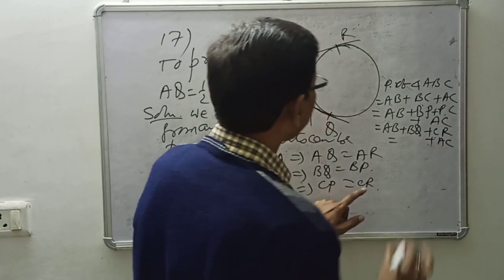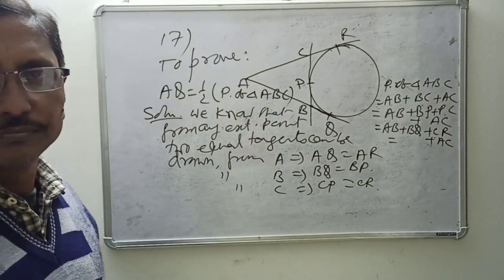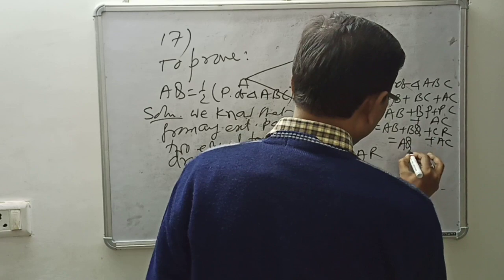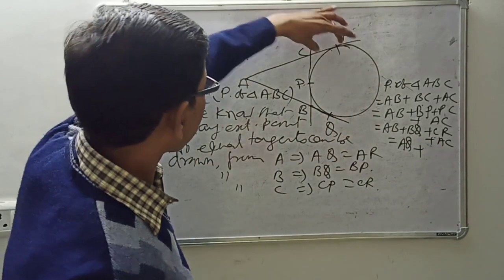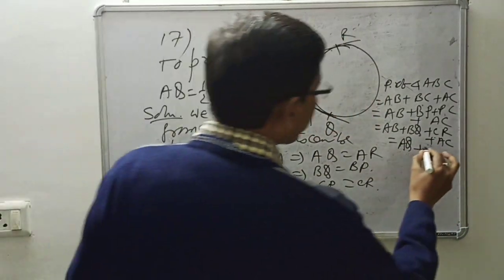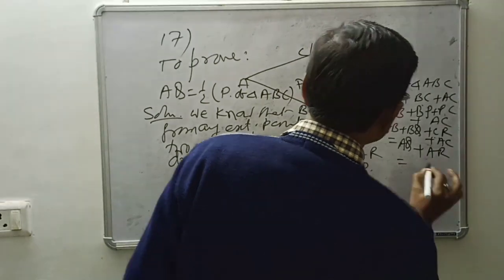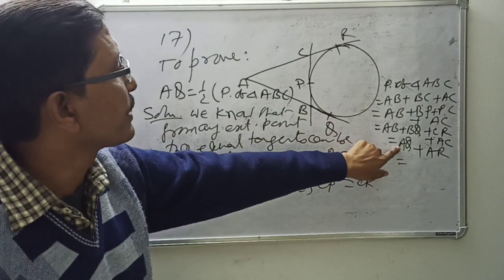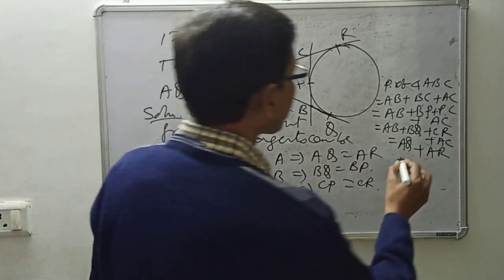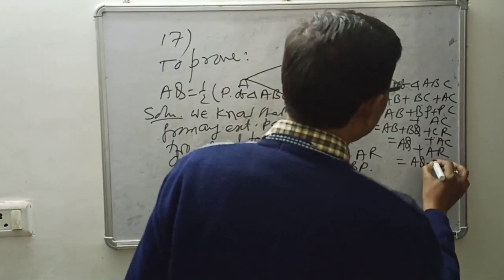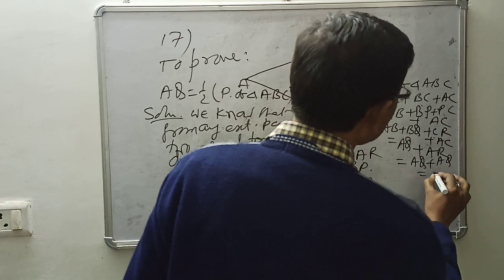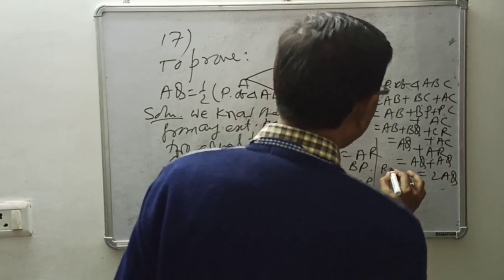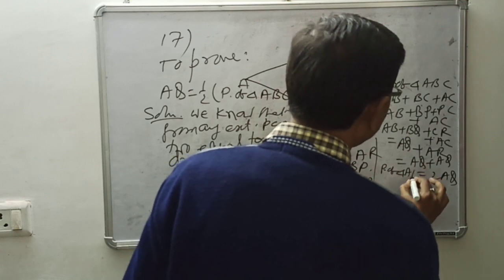So AB plus BQ is AQ, plus CR plus AC is AR. But we know AQ equals AR. In place of AR you can write AQ. So AQ plus AQ, or 2AQ. That is the perimeter of the triangle ABC.